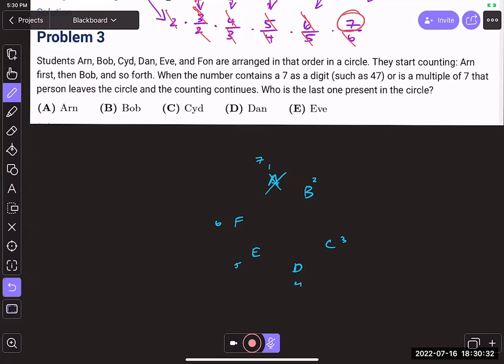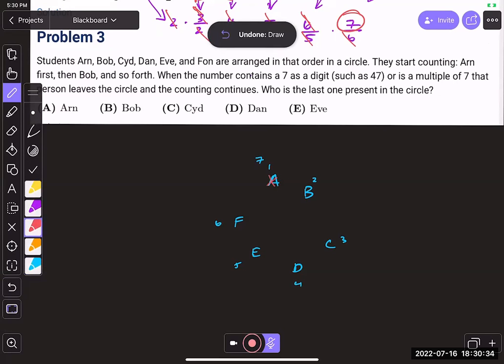Then you just continue 8, 9, 10, 11, 12, 13, 14. 14 is a multiple of 7, so C is out, and then 15, 16, 17 includes a 7, so F is out, and then it's just B, D, and E.